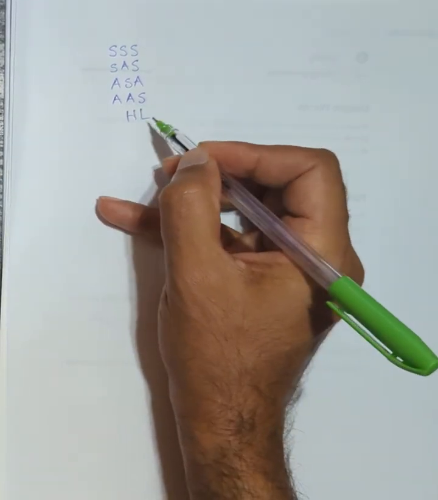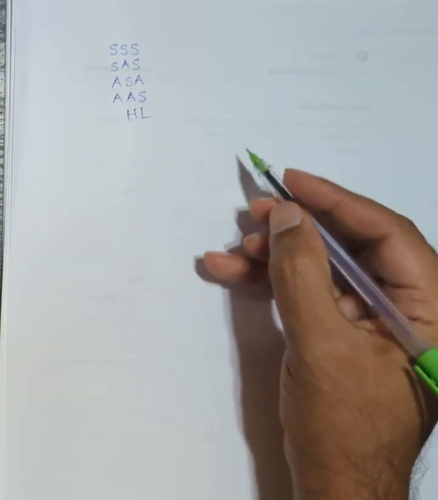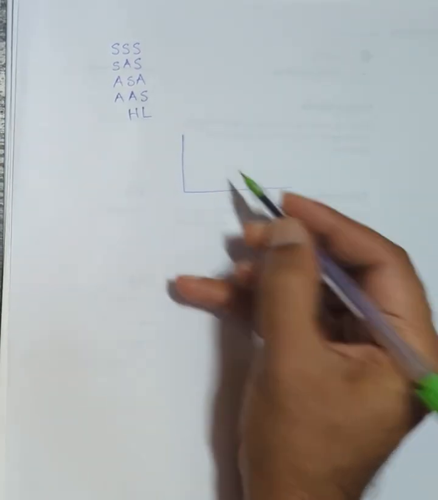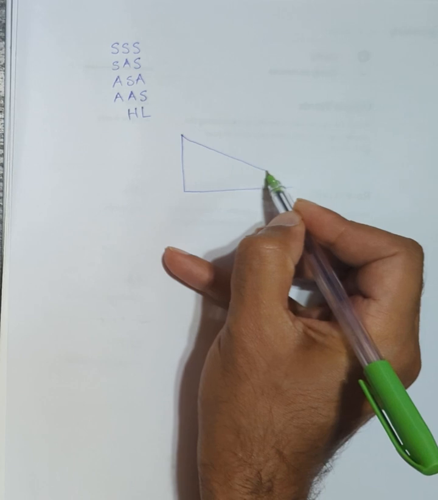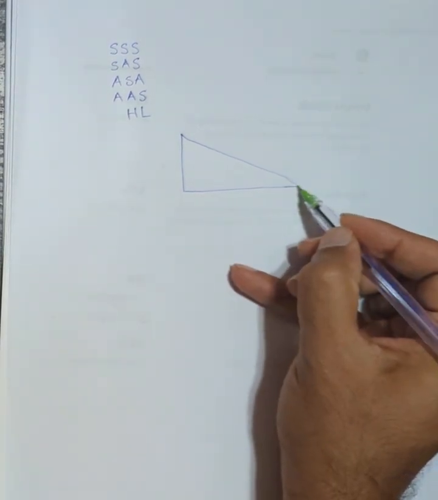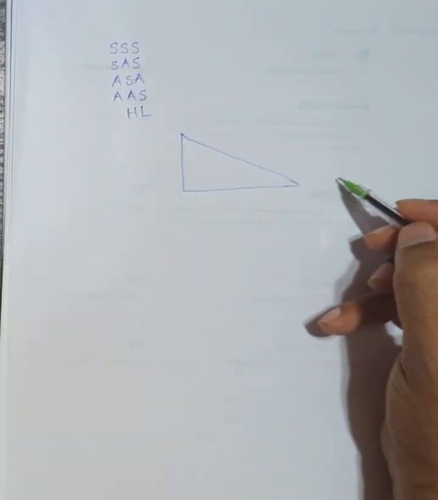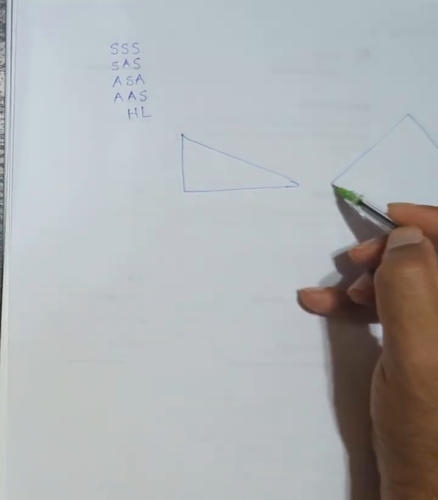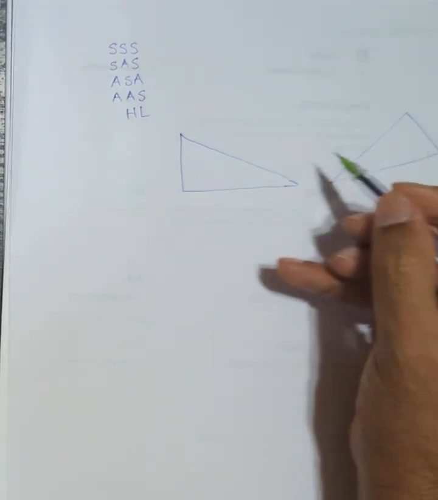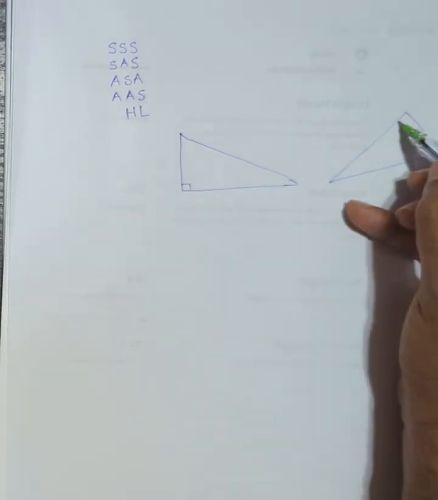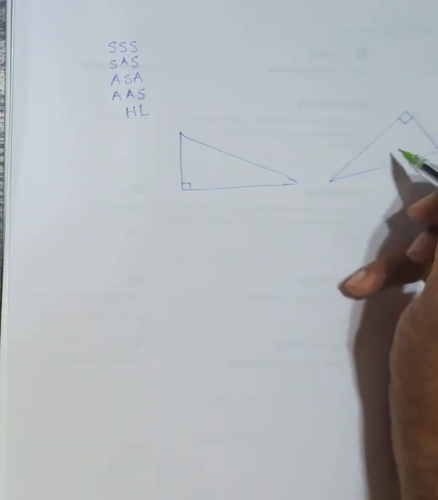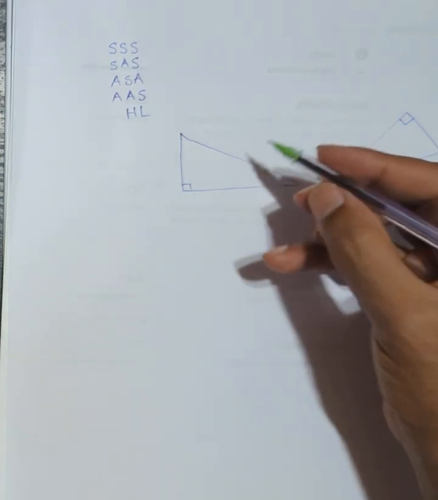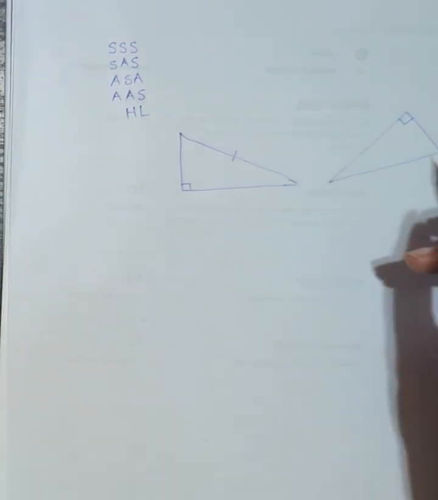H stands for hypotenuse, L for leg. So what this says is if you have two right triangles, so let's go ahead and label the right angle first. And H means the hypotenuse of one matches with the hypotenuse of the other.